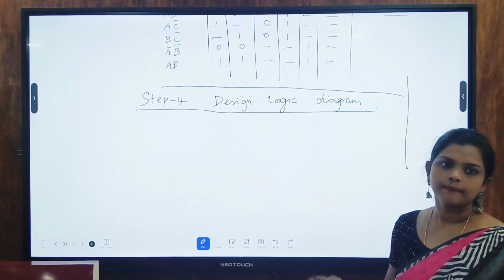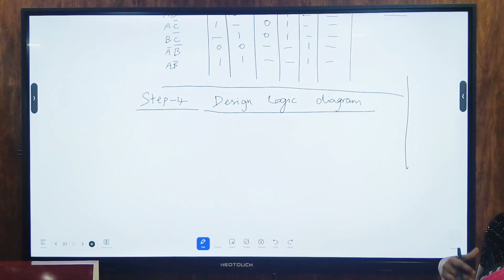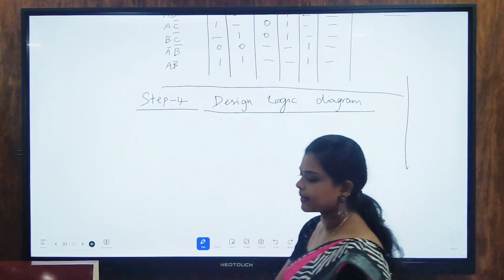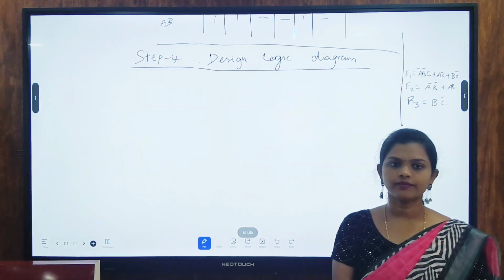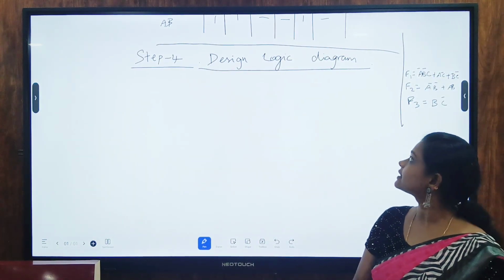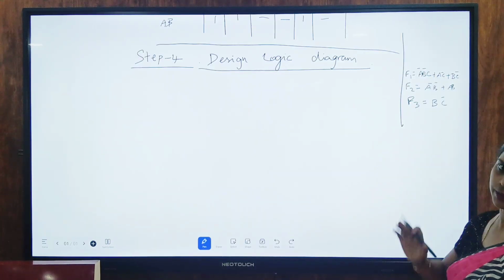For that, beside it I am going to write the expressions, so it will be easy for us while referring to them and drawing the logic circuit diagram. So step 4 is designing the logic circuit diagram by referring to the Boolean expression.